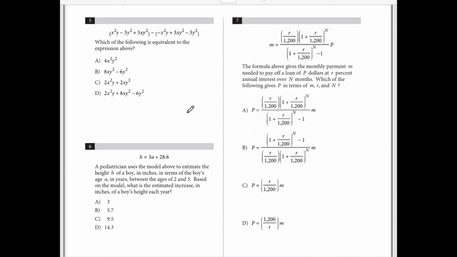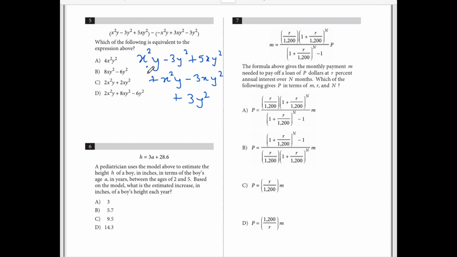Question 5. Just the simplification of an expression. So let's write it. x squared y minus 3y squared plus 5xy squared. Let's find out what are the similar terms. Here we can remove the brackets. Plus x squared y minus 3xy squared plus 3y squared.